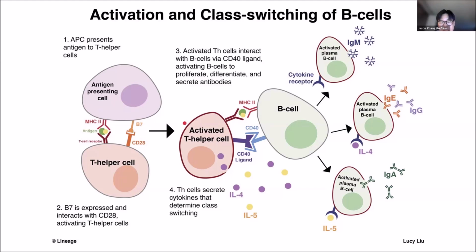That helper T cell can then activate B cells with a similar process, where the B cell presents an antigen on MHC type 2. The helper T cell will see that, as well as bind with a co-stimulatory ligand, in this case CD40, and that'll activate the B cell to go off and do its functions.